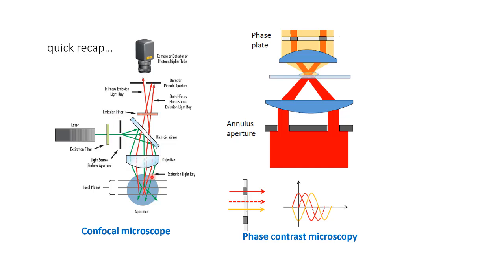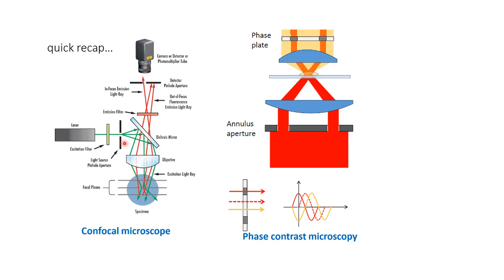Then other types of microscope are the confocal microscope and phase contrast microscope. In the confocal microscope, we use a dichroic mirror and a laser as the source of light. We have different excitation filters for the laser, so depending upon our choice of excitation, we apply the filter, and the dichroic mirror blocks the reflected light to the camera.